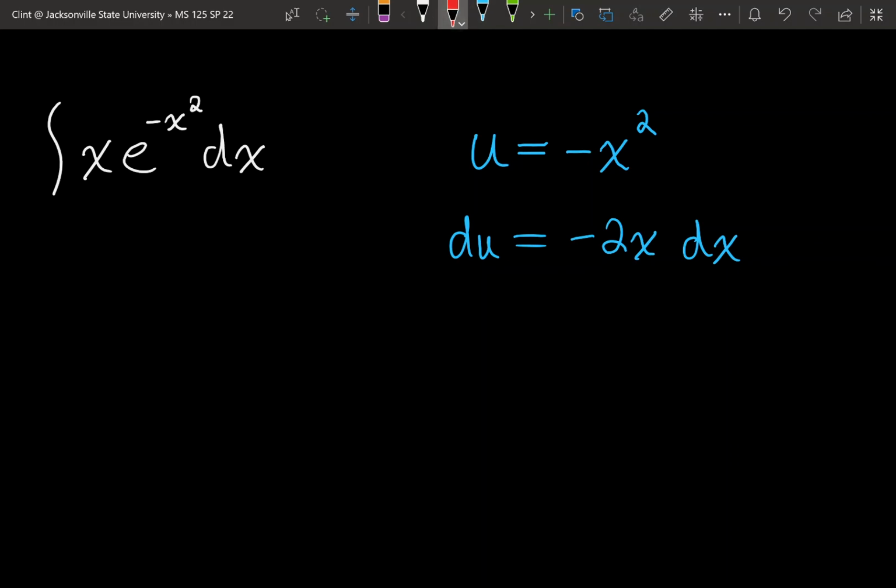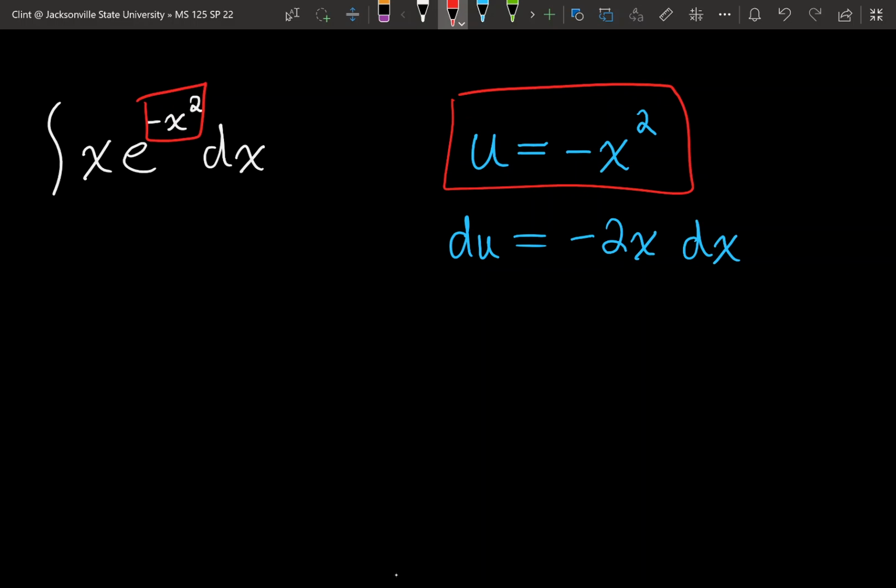Okay. So right now, this part's handled by u. The stuff we've got left over, we've got e to the u. That's in terms of u. But then we've got an x and a dx.